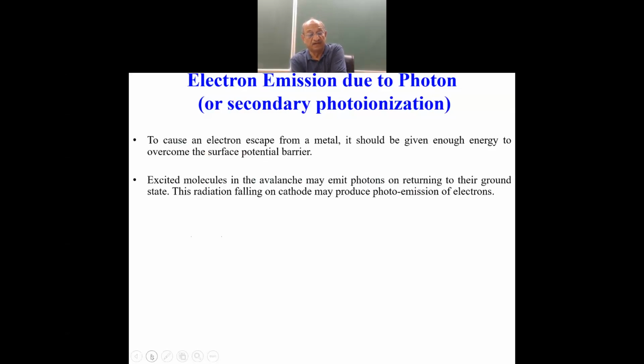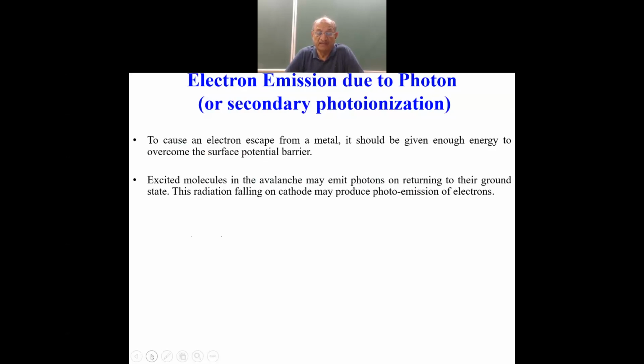The surface potential barrier of the metal, which is also known as the Schottky effect, you might have learned in physics. So from the metals, the charged particles are ejected out or produced when the surface potential barrier is exceeded.